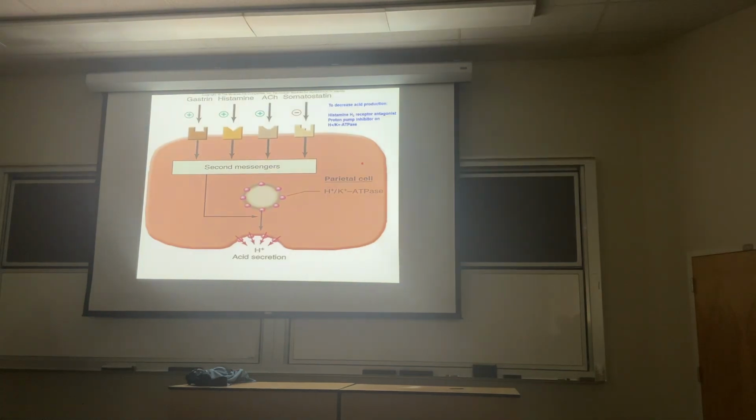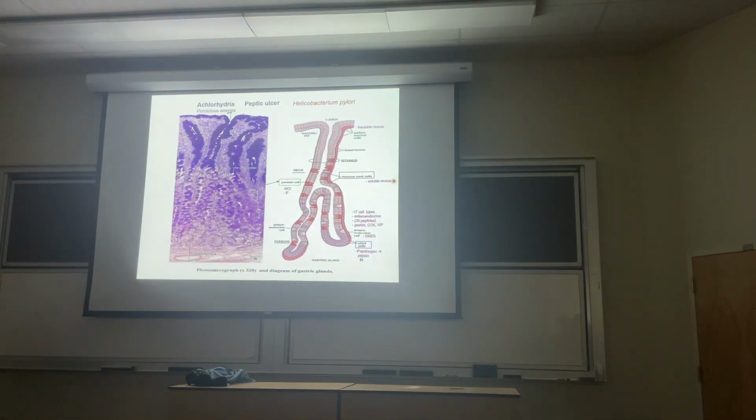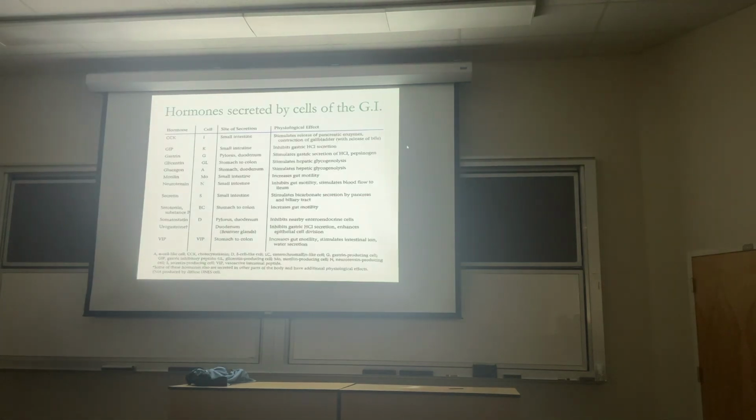We won't go too deep in that. That's really physiology that you all had not too long ago, right? So that gives you some of that. These are the gastric pits and gastric glands. You don't need to worry about memorizing all this, but these are a number of hormones secreted in the gastrointestinal tract.